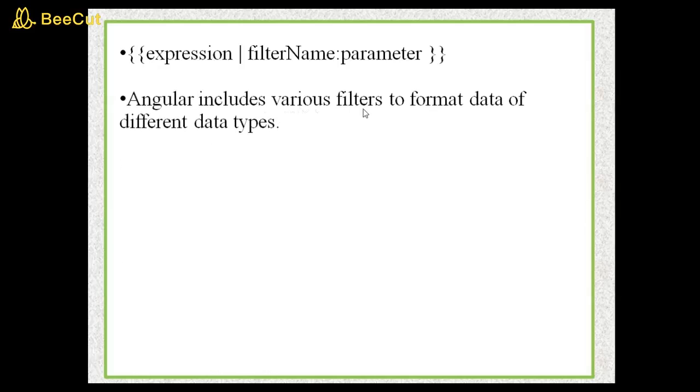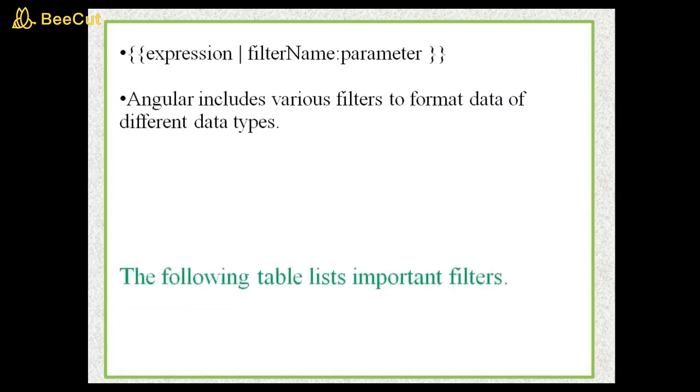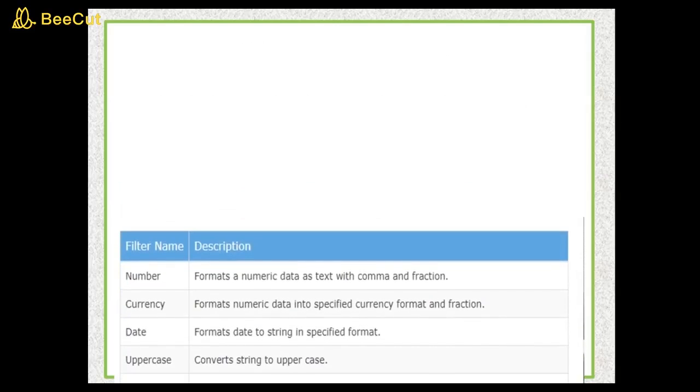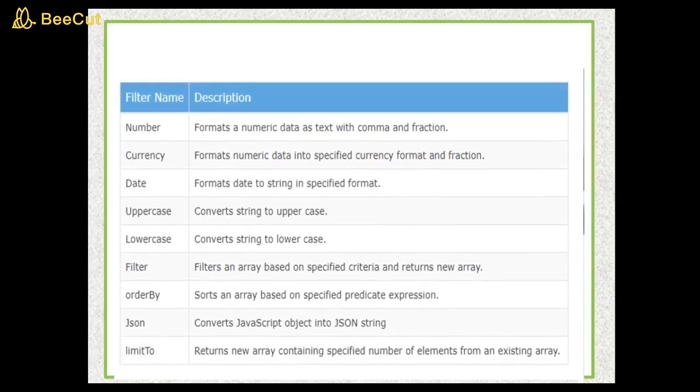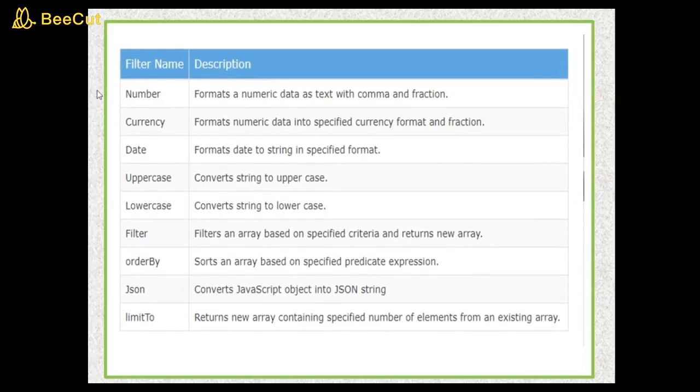Angular includes various filters to format data of different data types. The following table lists important filters. Let's see. Number: format a numeric data as text with comma and fraction.